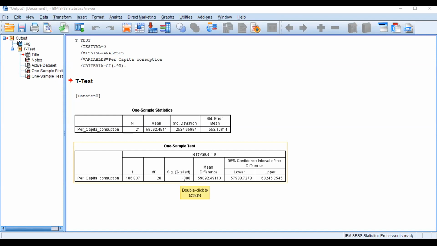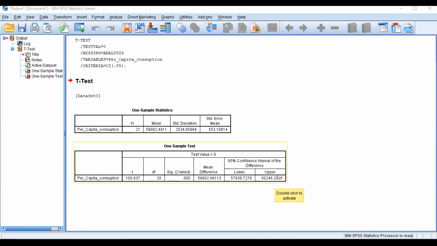That the people from that sample are spending 4,500 rupees per month on their standard of living. But that is false. They are not spending 4,500 rupees. Instead, it could be less or more. With the two-tailed test, that is the only way to say they can be less or more. But with the mean value and the lower and upper bounds, we can say that consumption will always be more than 4,500.